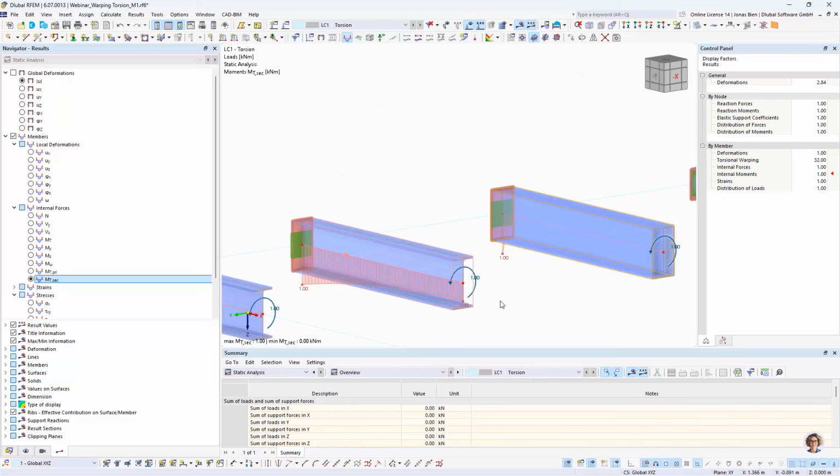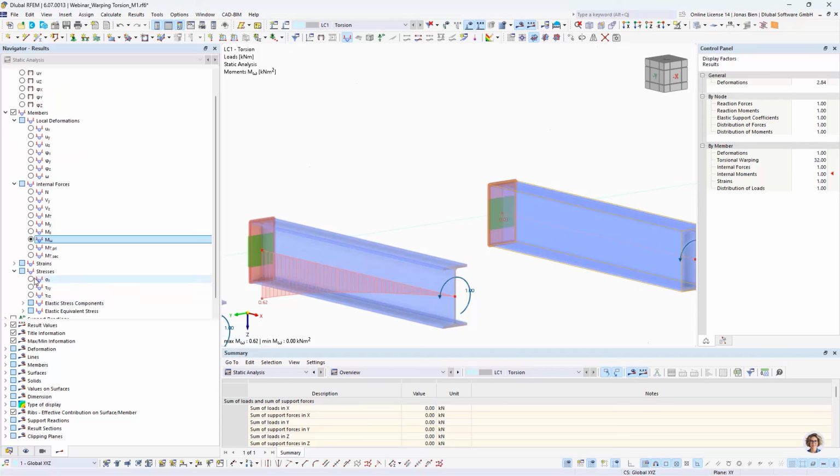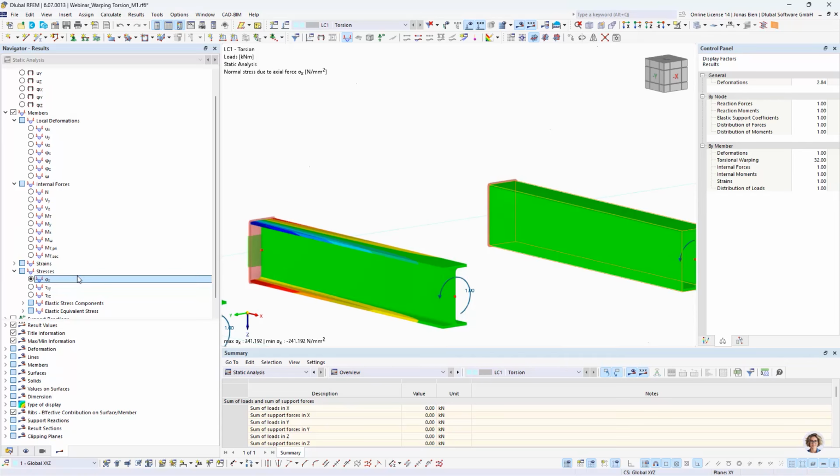And of course, if we think about the warping moment as the integral of this secondary torsional moment, the warping moment is much smaller than for the non-warping free section here. This can also be seen when looking at the actual stresses that come from the warping restraint.